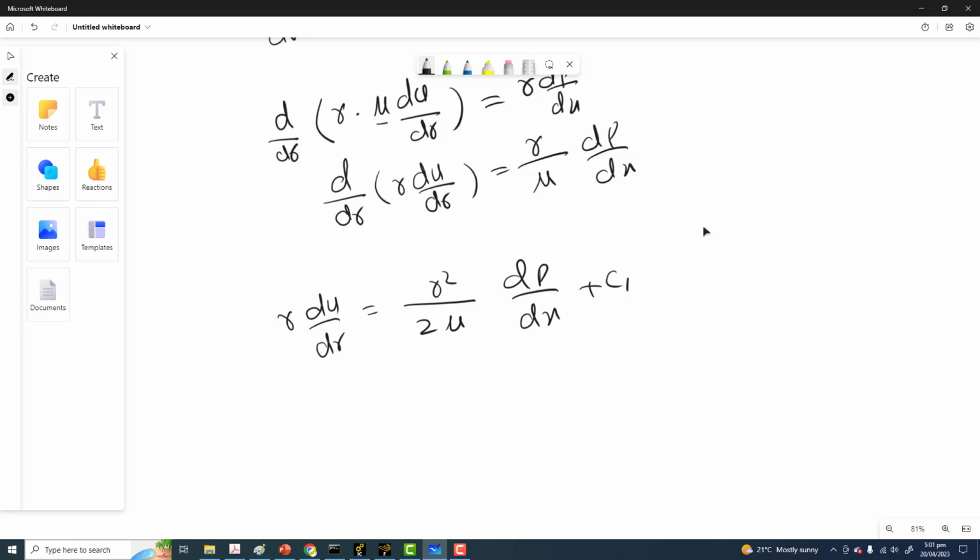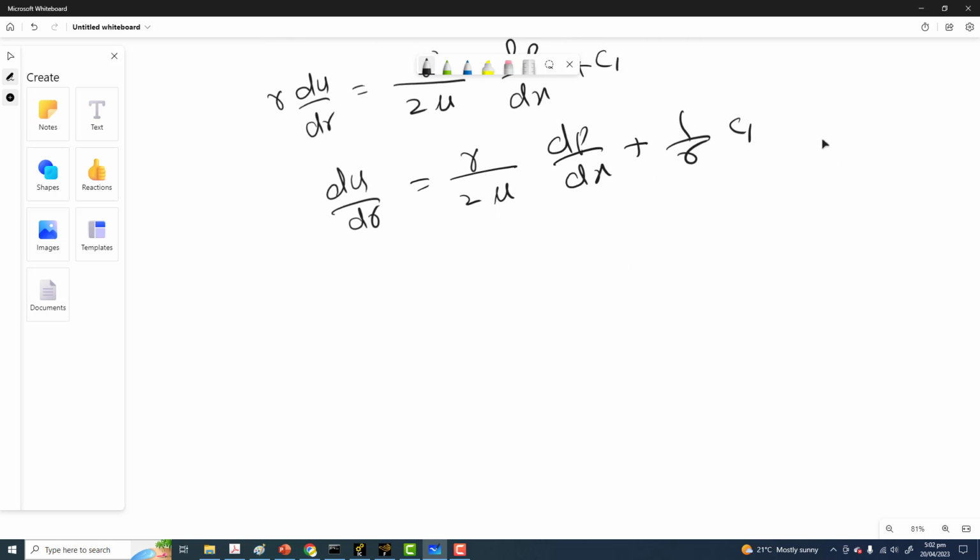Now if we divide this whole thing by r, this r will be removed, the power 1 is removed, and we also get 1/r here. I write this in the second step. So du/dr = r/(2μ) dp/dx + (1/r) c1.